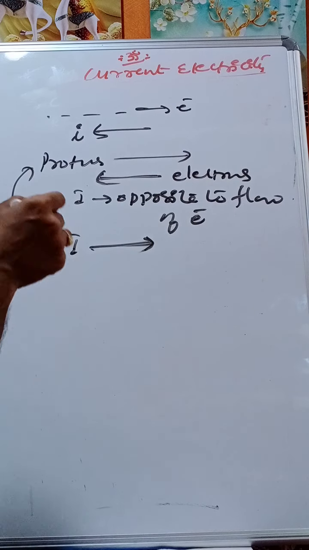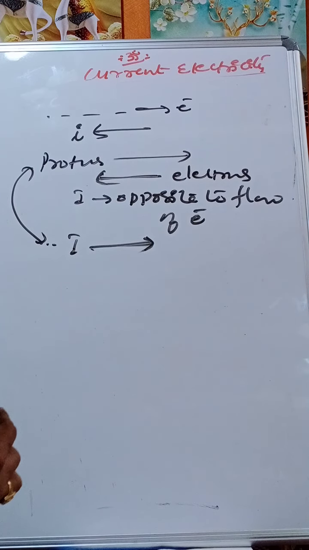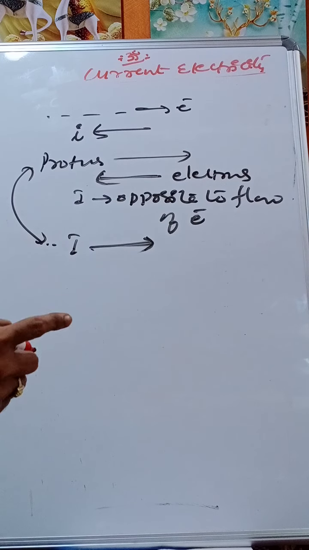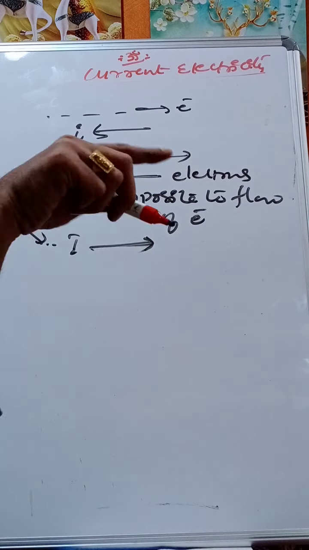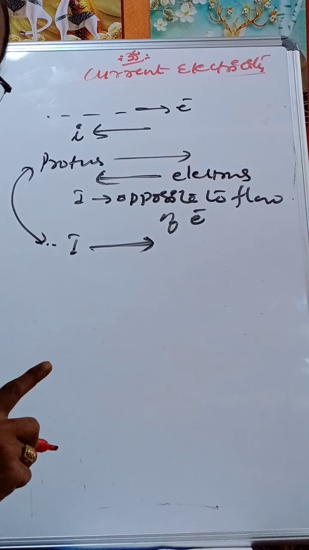We call this the conventional flow of current. That is, the direction of current is in the direction of flow of protons or opposite to the flow of electrons.